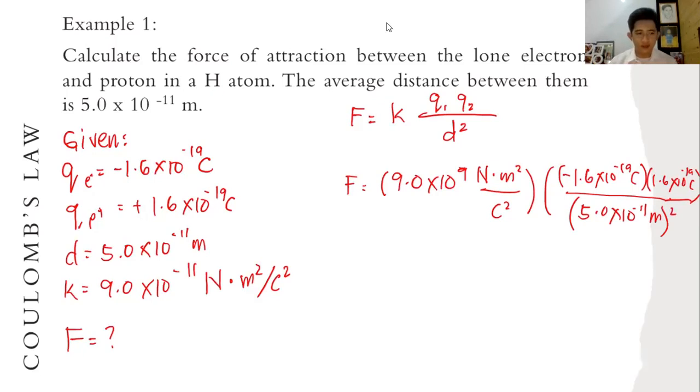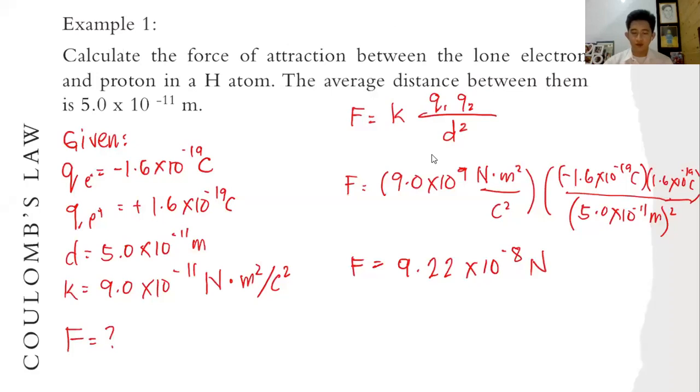The next step now is to multiply everything. So we have now F is equal to 9.22 times 10 raised to negative 8 newtons.